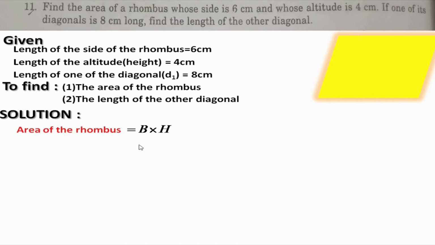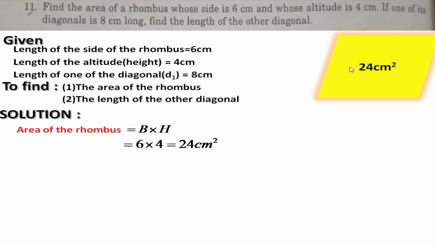Here you can see this 6 centimeter is the base of this rhombus, and this 4 centimeter is the altitude. Altitude means height. So we just have to put the values in this formula. 6 into 4, 24 centimeter square will be the area of this rhombus. So here you can see 24 centimeter square is the area of this rhombus.